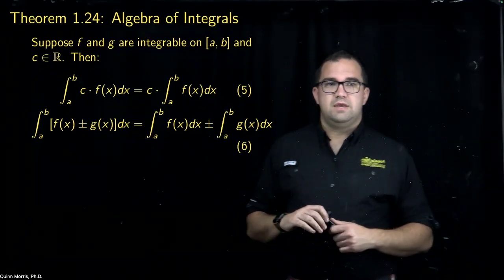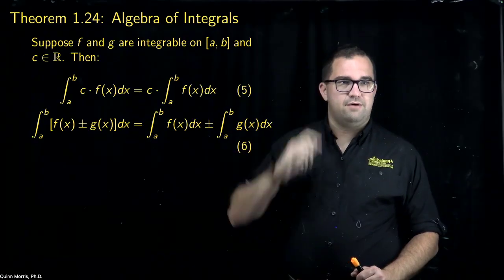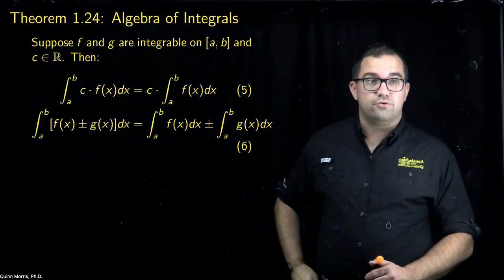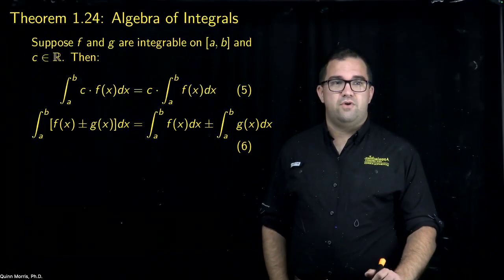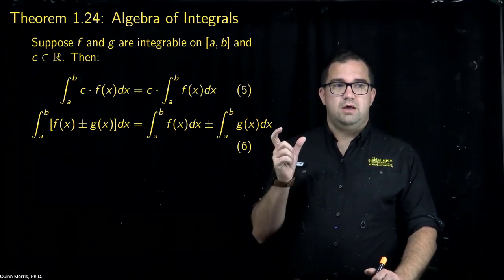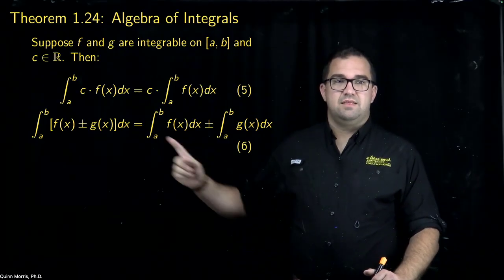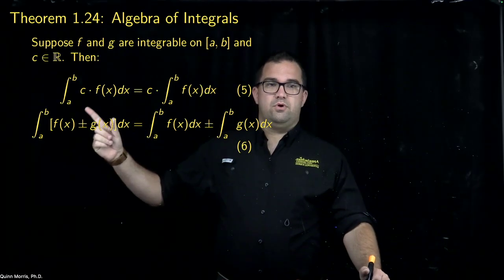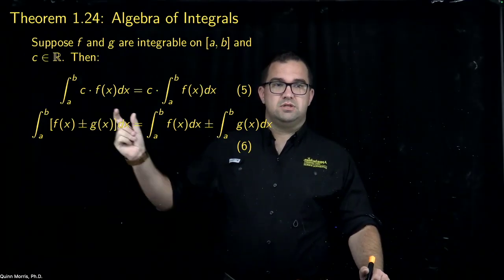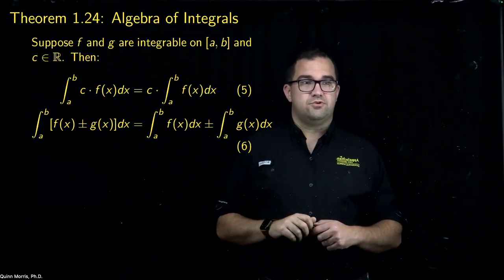Okay. So the first thing you probably were told is you learned some sort of algebra of integrals, right? So if you had two functions f and g that were both integrable on some interval [a, b], and if c was some constant, then for the integral of a constant times a function, you could pull the constant out of the integral.